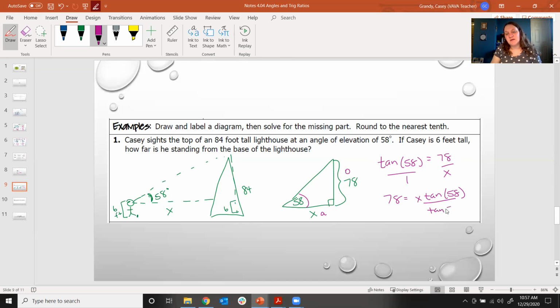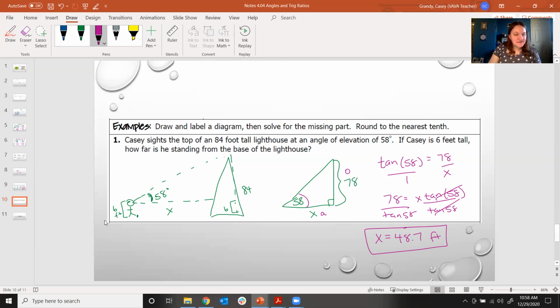That's okay. So those will cancel. So x equals 78 divided by the tangent of 58. So in our calculator, we'll type 78 divided by tangent 58. So 48.7. Our units are feet. And there's our answer.